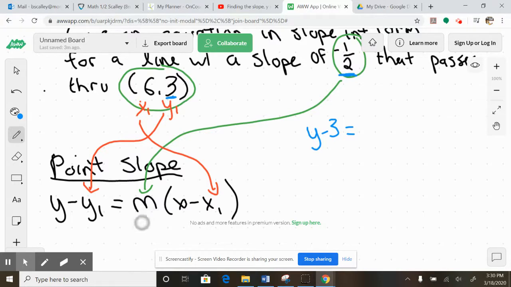Which would be -1/2. And then instead of x minus x1, I'm plugging in the 6 for x1.